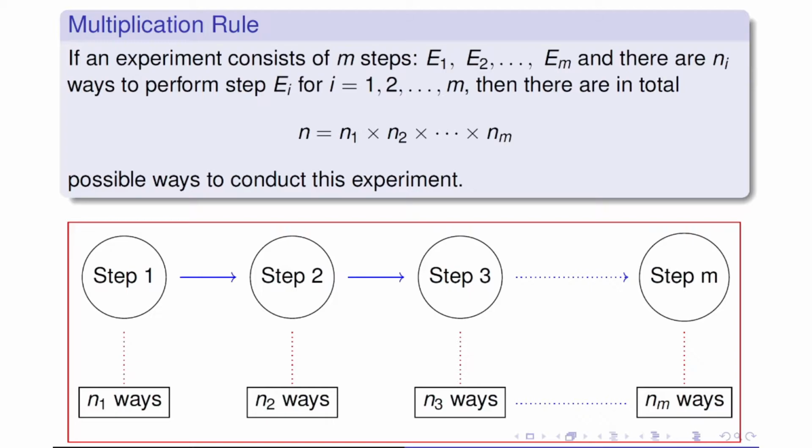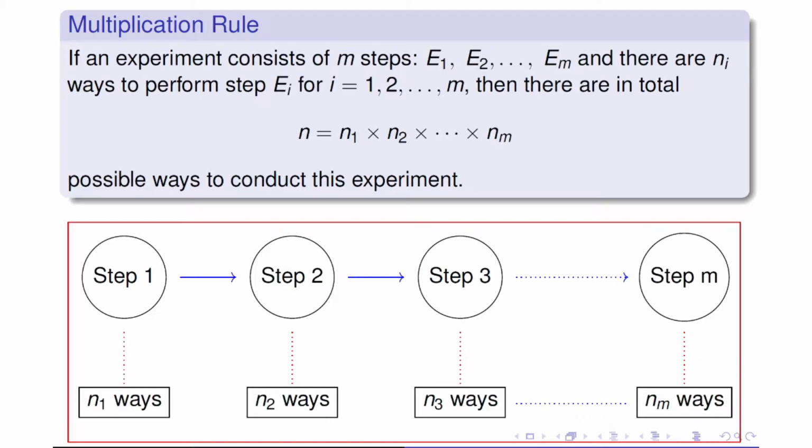This means the total number of possible ways to conduct this process consisting of these m steps is N equals the multiplication of n1, n2 till nm.